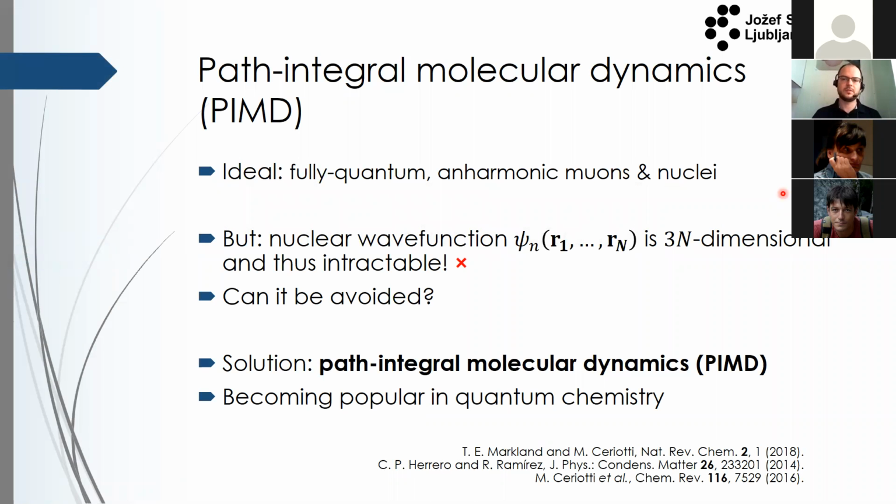Okay, so ideally, we would like a fully quantum and anharmonic treatment of both muons and the neighboring nuclei, because they are quantum entangled, they're not separate. The problem is that the nuclear wave function, again, if we have n nuclei, is a 3n-dimensional wave function. And as we saw before for electrons, this is completely intractable.